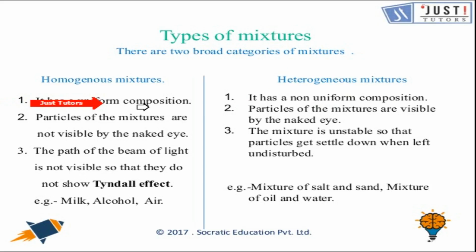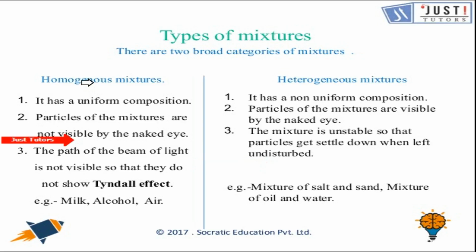No matter which part of the glass of milk we see, we'll see the uniform composition everywhere. But if we take the mixture of salt and sand, it may be possible that in one part of that mixture we have more salt, but on the other part we have more sand. So we don't have the uniform composition.